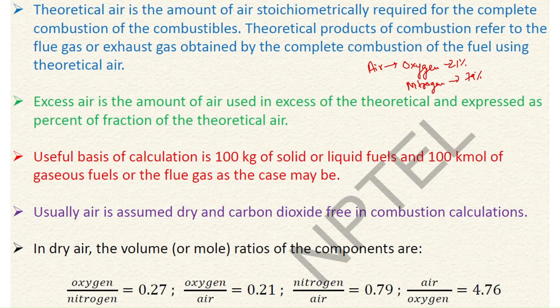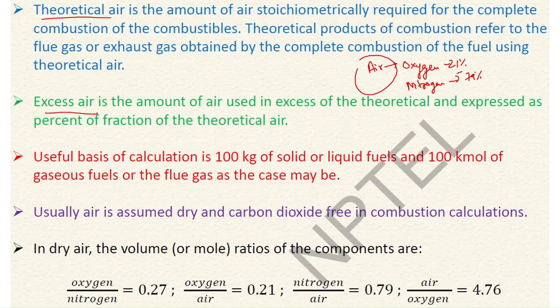We are not concerned right now about all those elements. As air consists of only 21% oxygen along with nitrogen, if one uses air during combustion, there are two terms involved: theoretical air and excess air.